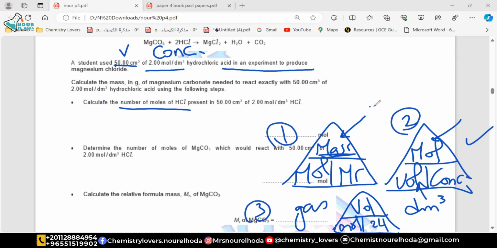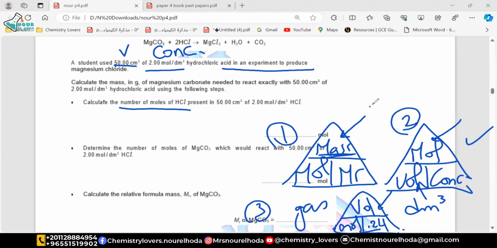These are the 3 main rules. The third one I use if I have a gas. Because in 1 mole of any gas, it takes the same volume, which is 24 decimeter cube. That's why we use the third one.